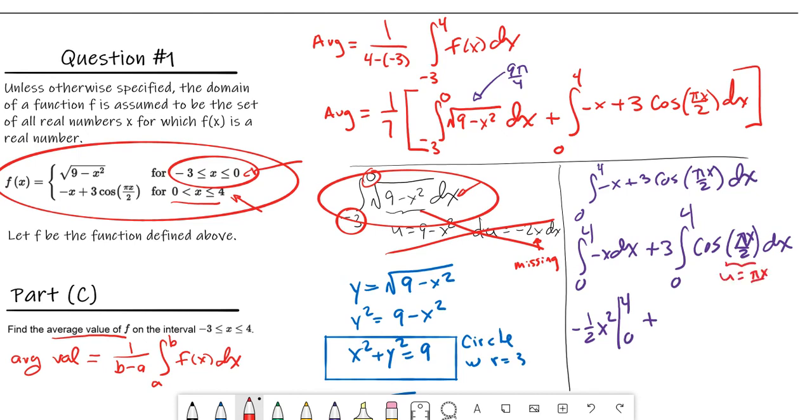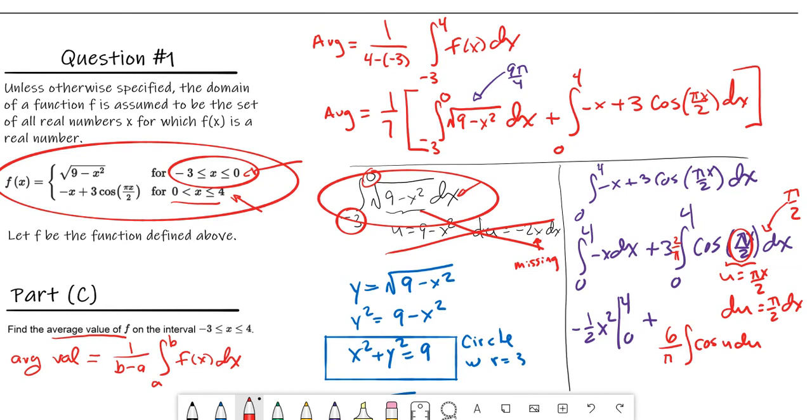Let u equal pi x over 2. Then du will equal pi over 2 dx. We need to use an adjustment, multiply dx by pi over 2, but now you need to multiply the outside by the reciprocal. So we multiply the 3 by 2 over pi, and we see that our second integral now is 6 over pi cosine of u du, because we replaced everything inside with u, and we adjusted it with the pi over 2 so we can replace the dx pi over 2 with du.